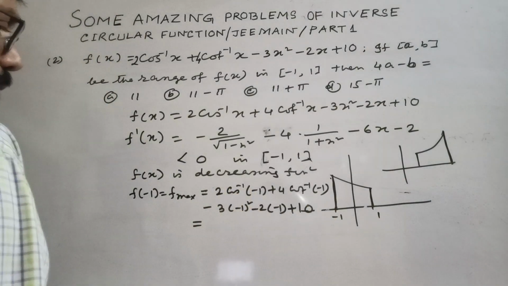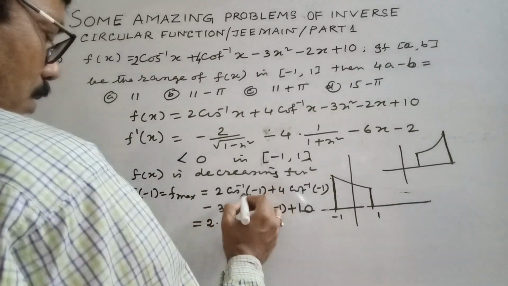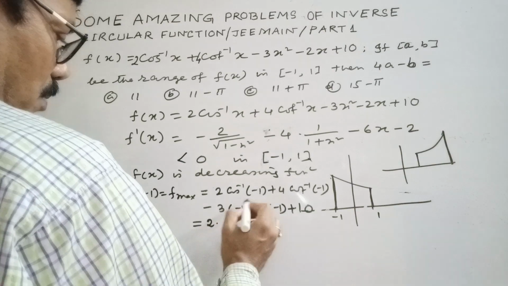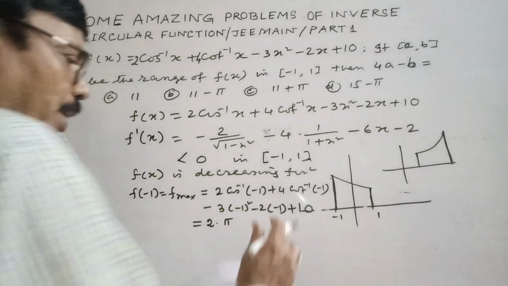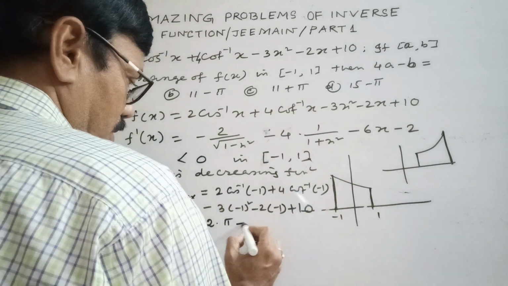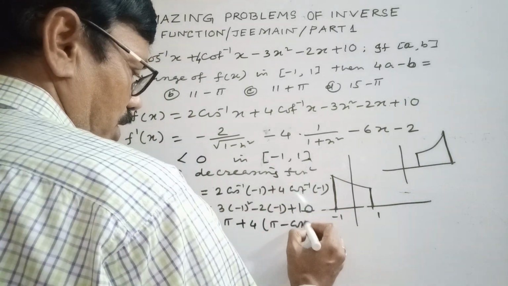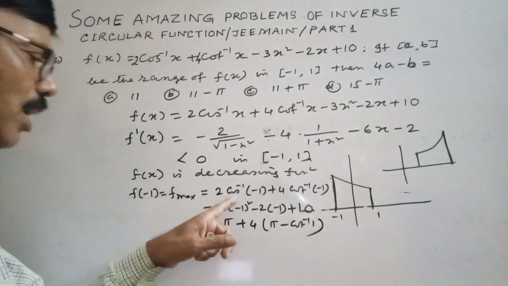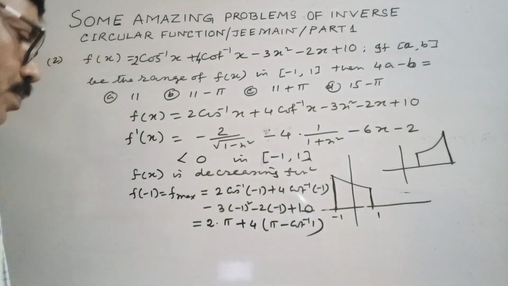Cos inverse(-1) is pi, so 2 pi. And 4 cot inverse(-1) is pi minus cot inverse 1, you can also write this as pi minus cos inverse 1, no harm.